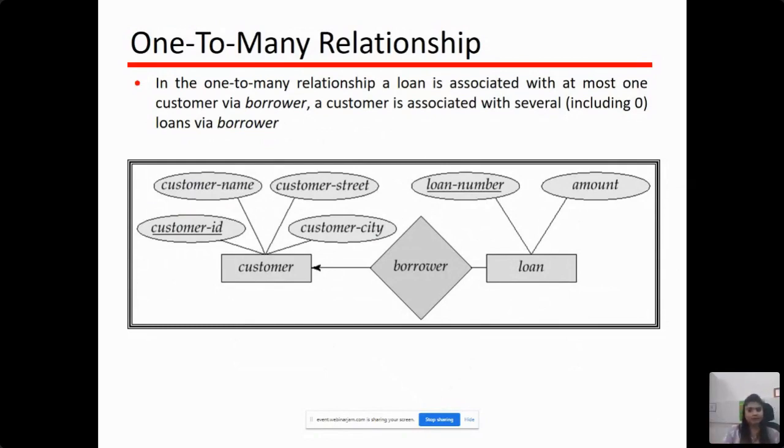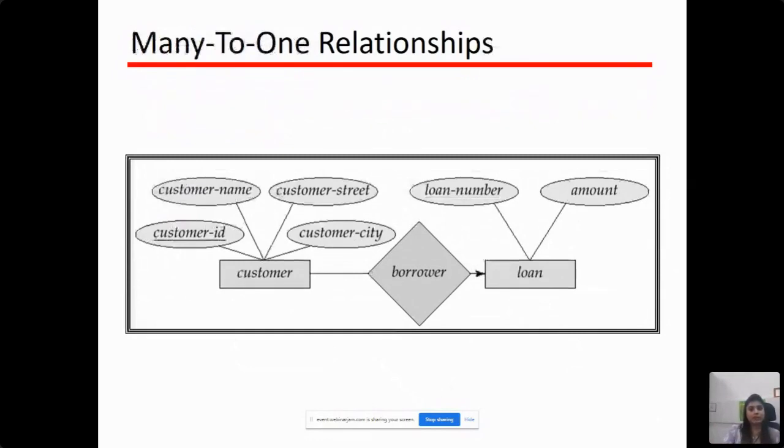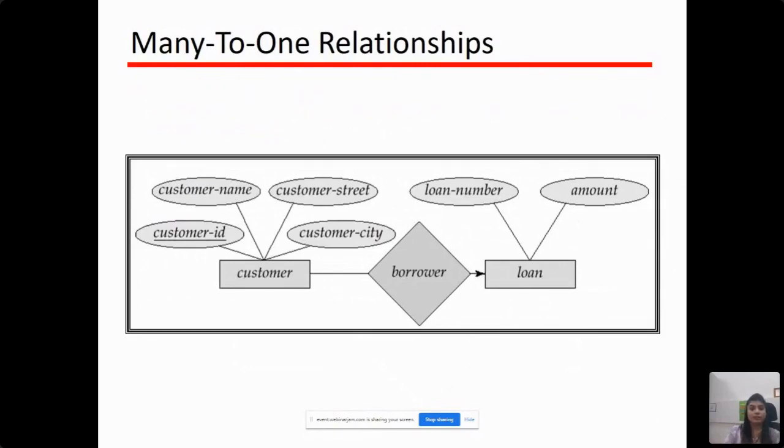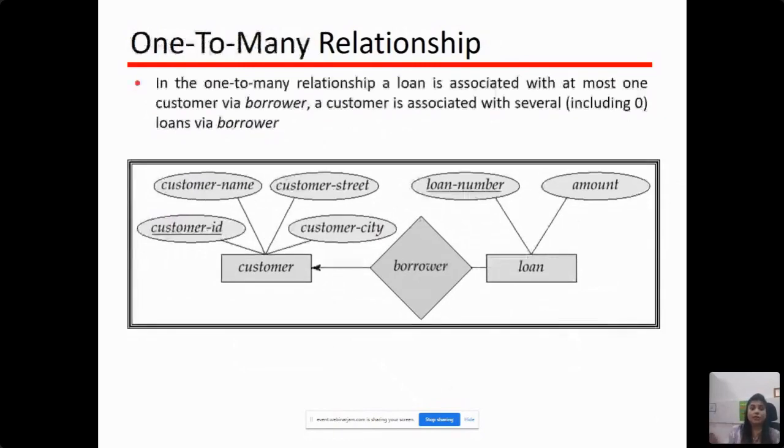Then we have many-to-one relationship. Now in this, a loan is associated with several customers via borrower. A customer is associated with at the most one loan via borrower. That means a customer can have maximum one loan. Initially, in the previous example, we had one loan per one customer. At the most, one customer is associated.